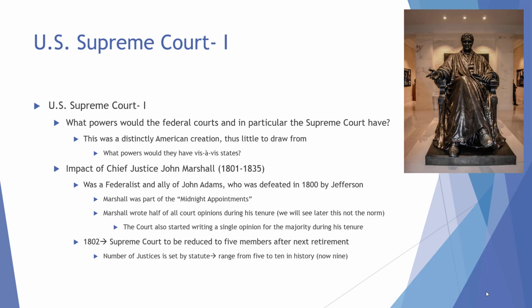So, what powers would the federal courts and the Supreme Court have? I think that one of the things you have to keep in mind is that the founders, in some cases, were, you just think about it, we're currently the oldest democracy in the world. Had there been democratic governments before?